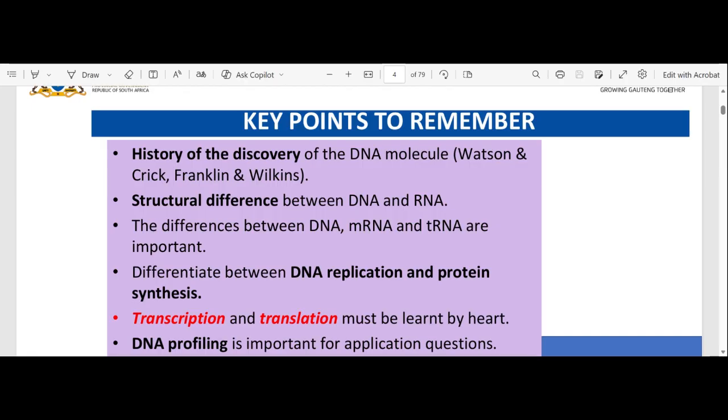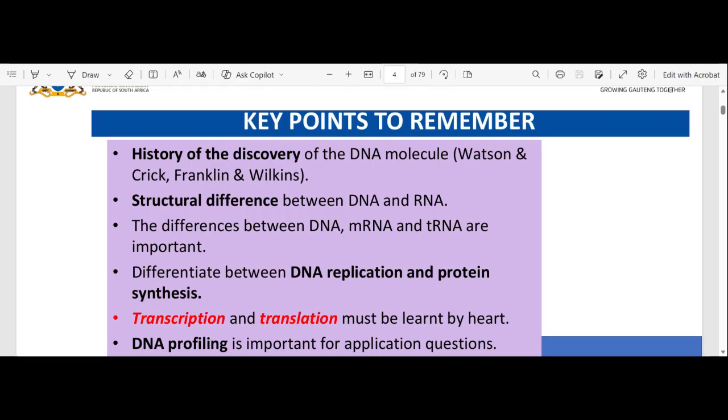The second point is that you should understand the structural differences between deoxyribonucleic acid and ribonucleic acid, and we're going to get to that in detail today. The third point is that you need to understand the differences between DNA, mRNA, and tRNA.